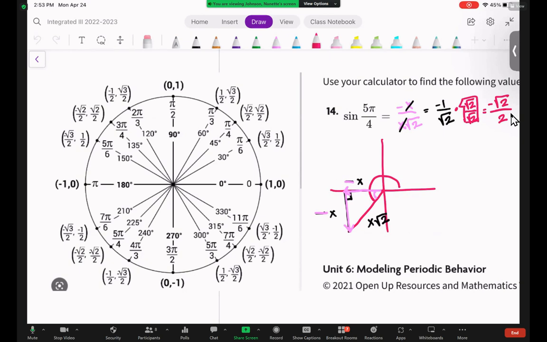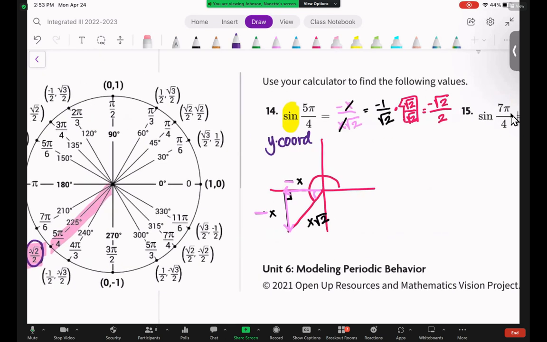And the way you do it, the first couple steps sound exactly the same. You're going to find the angle, which is this guy right here. And so now we're looking at the coordinates. And because we're looking at sine, which you guys have learned is equivalent to the y coordinate in the unit circle, I'm just going to grab the y coordinate, which is negative root 2 over 2, and that's exactly what I got over here.